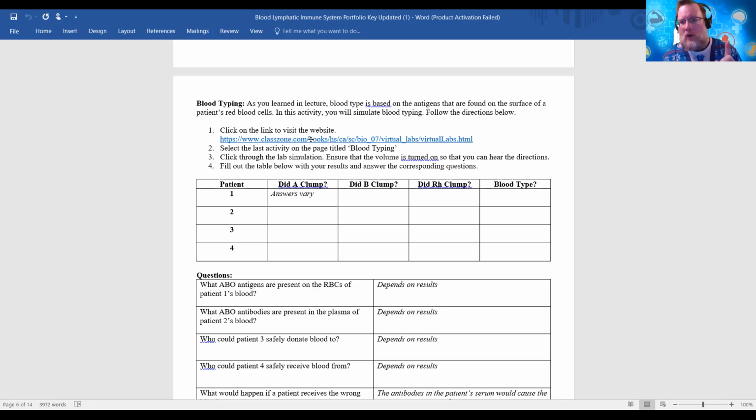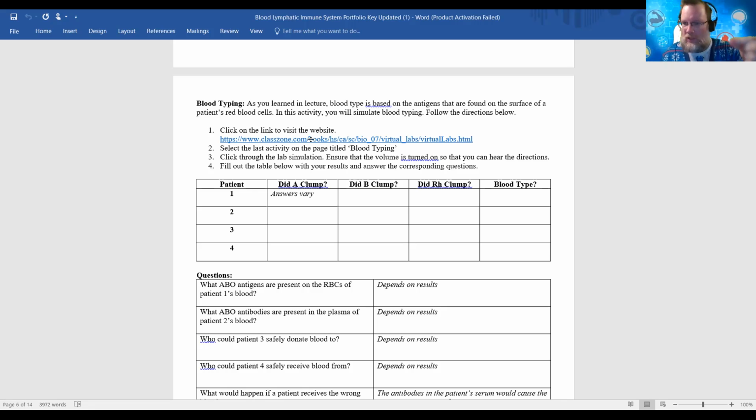When you do the anti-A antibody and the anti-B antibody in 2 separate wells, we call them in the clinic, I don't know what they'll call them, slides maybe, when you're doing the virtual lab, patient A is going to have 3 drops of blood.